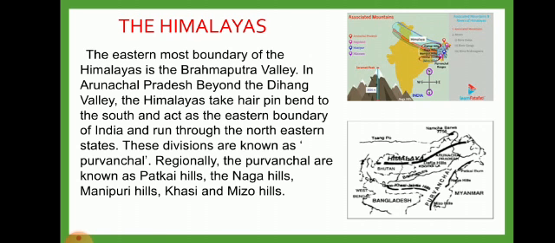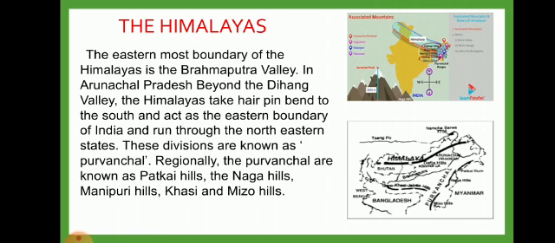As in the map you can see here, the Purvanchal, that is, from Arunachal Pradesh beyond the Dihang, the Himalayas take a hairpin bend to the south and act as an eastern boundary of India.